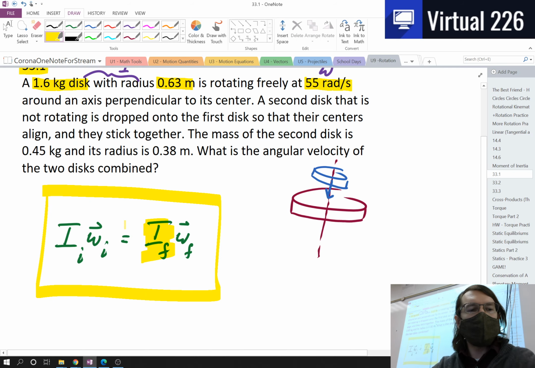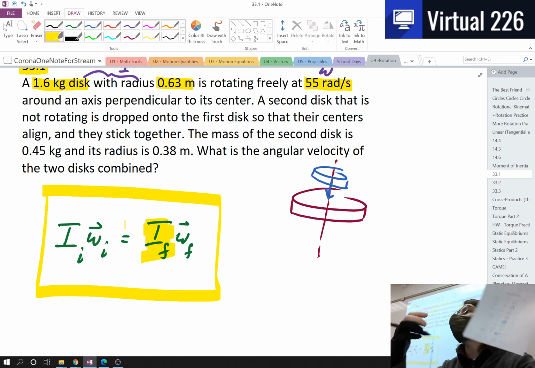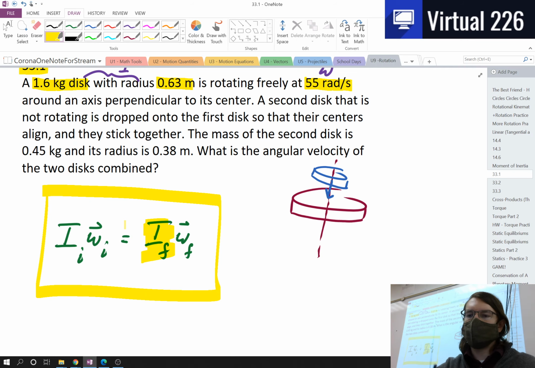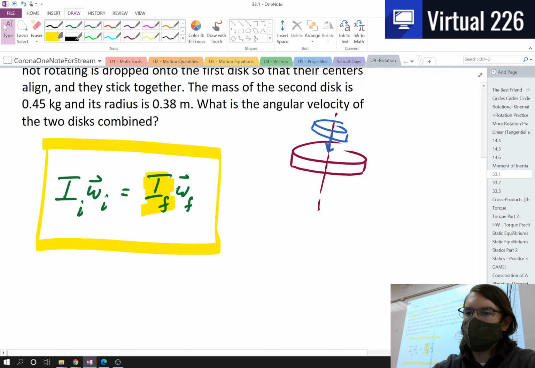If we forget our moments of inertia, we're going to have to go to our best friend, because on the backside at the very bottom of this, there are all the moments of inertia that we'll need. In our case, we are operating with solid cylinders, so the moment of inertia of each individually is 1/2 mr squared.